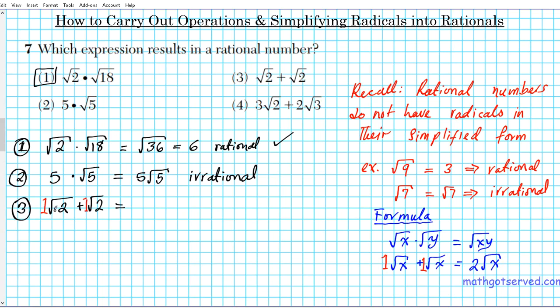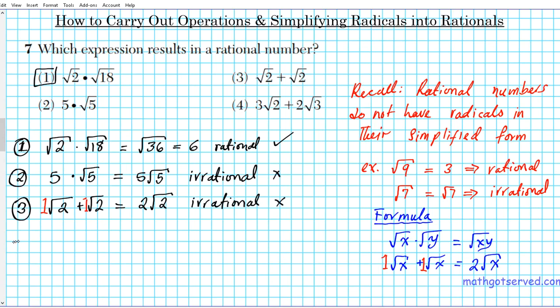The radicands help you to determine if you can combine them or not. And then after you determine that it can be combined, you just combine the coefficients. Alright, so we're going to add 1 and 1. 1 plus 1 is 2, so this is 2 root 2. Root 2 cannot be simplified. This has a radical in its simplified form, hence this is an irrational number. Okay, so we see why these are not the answers.